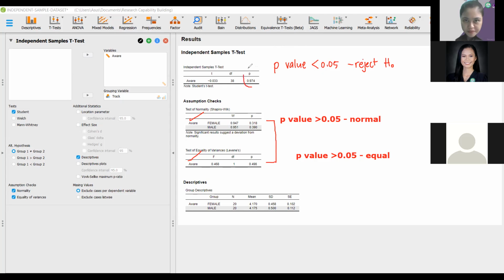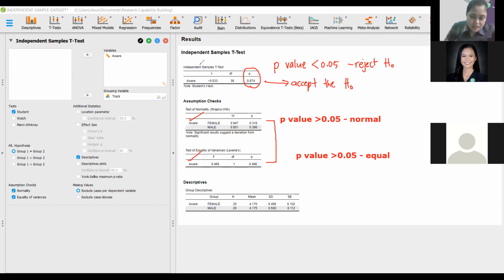Pila man niya itong p-value? 0.974. That is greater than 0.05. So pag greater than, our decision is accept the null hypothesis. Okay? Accept the null hypothesis.